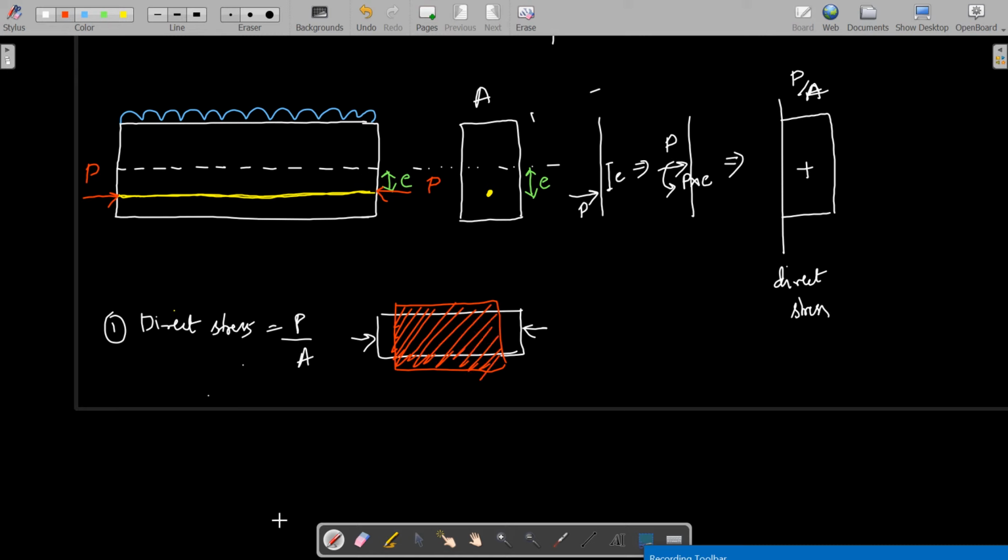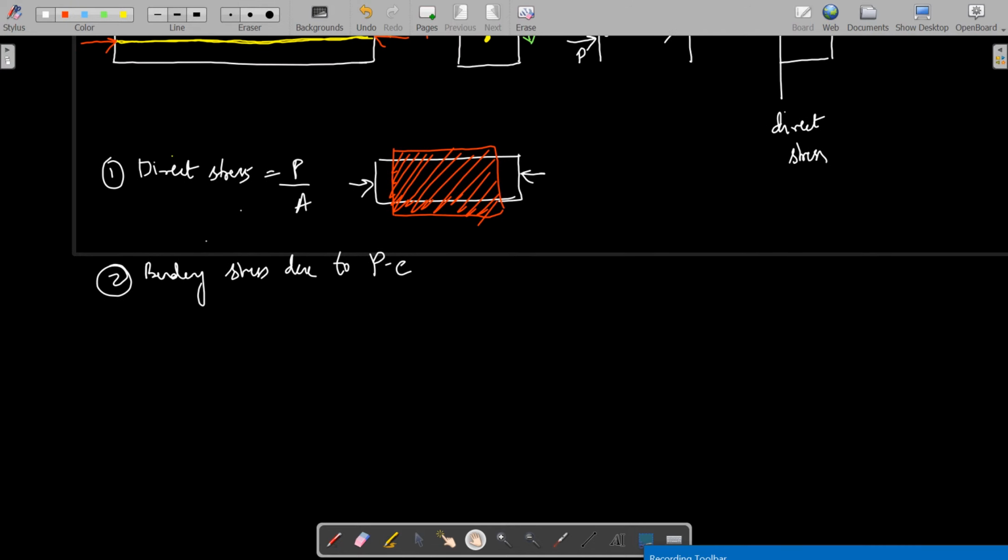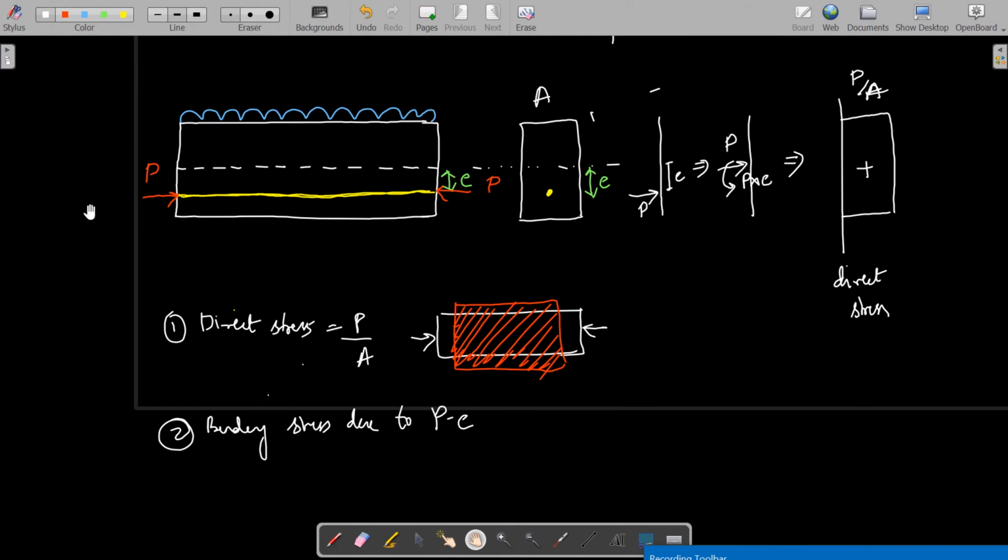The second one is the bending stress due to P into E. Due to this P into E, what is going to happen? Imagine you are keeping a scale and applying a force with your four fingers at either end, keeping an eccentricity E like this.